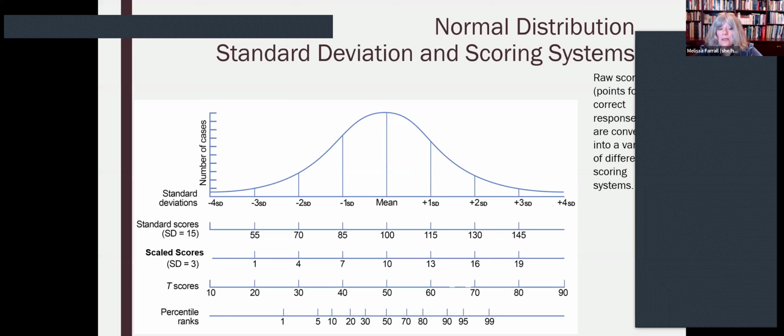There are different kinds of scoring systems. We have standard scores, scale scores, T-scores, we have Z-scores. Neuropsychologists have a way of coming up with scoring systems that no one's ever heard of and will never hear of again. What you need to know is that different tests will often use different scoring systems.